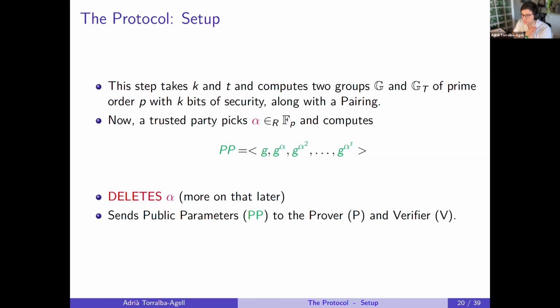The prover wants to prove to the verifier that she knows a polynomial without revealing the polynomial to the verifier. Okay. And now we have also another actor that helps us with computing public parameters for both the prover and the verifier. Okay. Is it clear so far? Because now it will get harder.